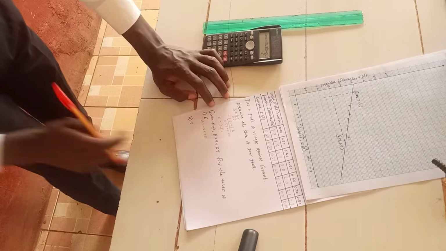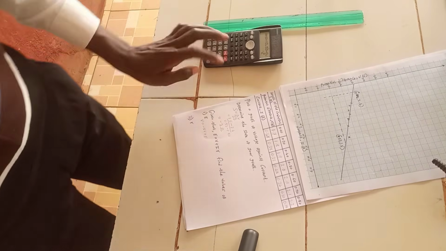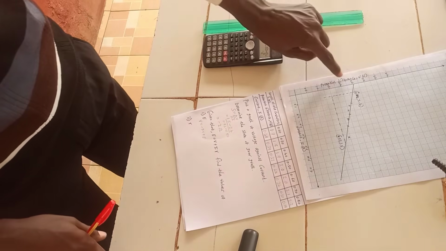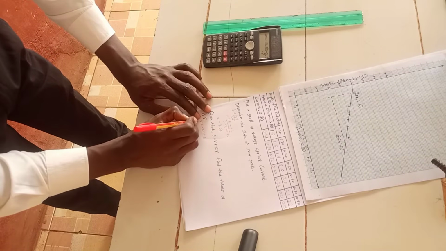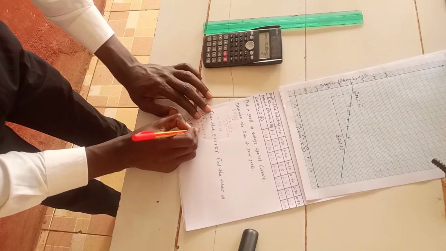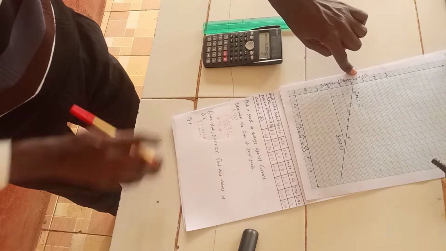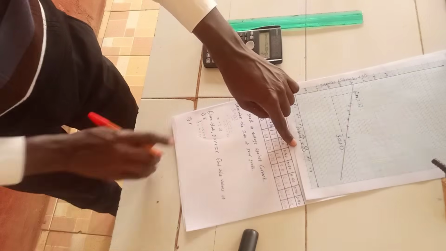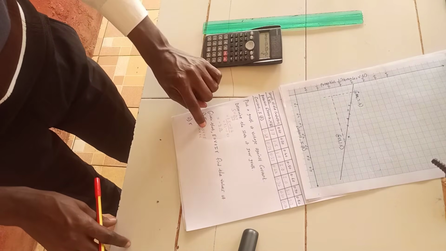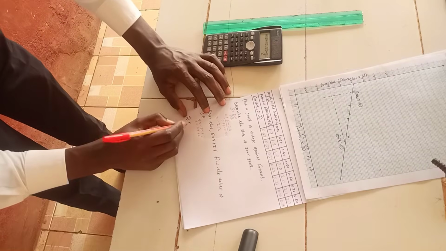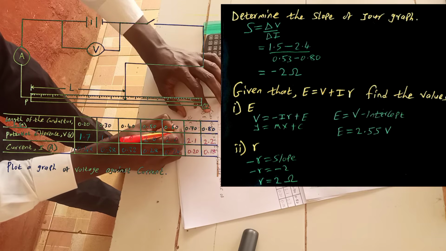From here you realize this is in the form of y equals mx plus C. Because y is the V axis, which we have here, and current is the x axis, that means slope represents negative R. In other words, negative R equals the slope.